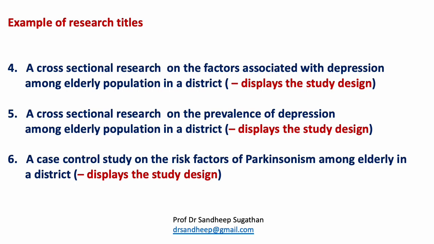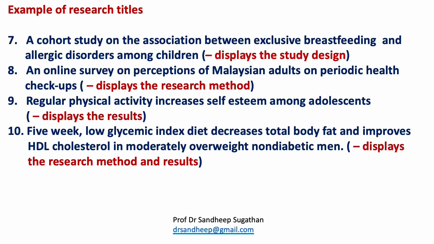Sixth one: a case control study on the risk factors of Parkinsonism among elderly population in a district. This title displays the study design: case control study. Now, next one: a cohort study on the association between exclusive breastfeeding and allergic disorder among children. Two groups are there.